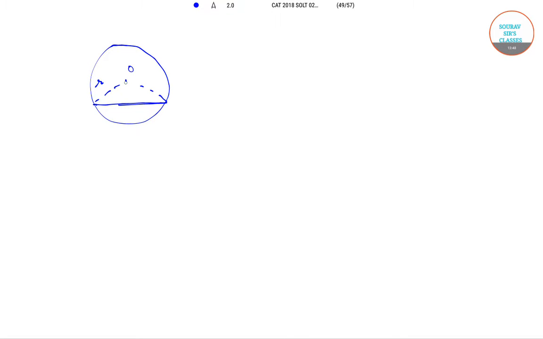Then if we draw a perpendicular from the center of the circle to the chord, this perpendicular bisects the chord. The length of this chord is 5 cm, so after bisecting, the length will be 5 by 2. Since the angle subtended at the center of the circle is 60 degree, this angle will be half of that, which is 30 degree.